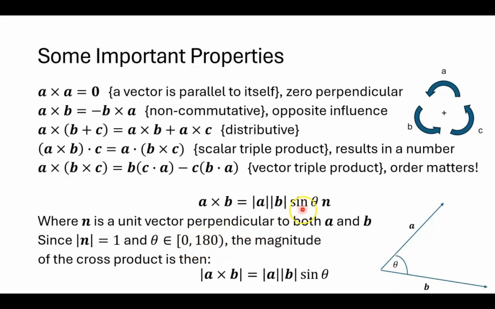And so the sine of theta in this domain will be positive. As you know, sine between 0 and 180 is in the first and second quadrant of the unit circle, where the y components are positive. So the magnitude of the cross product is then this thing. This is positive, you omit this one, and you get this one.